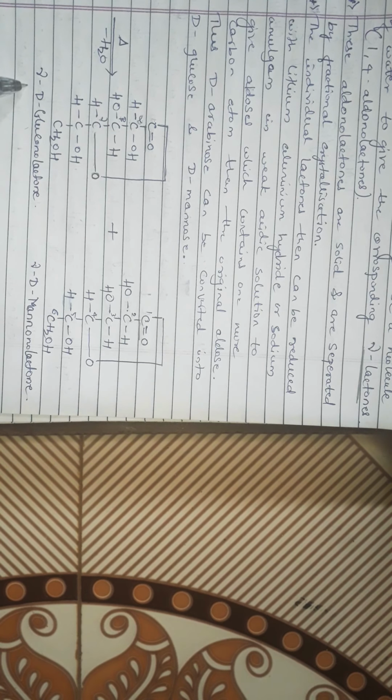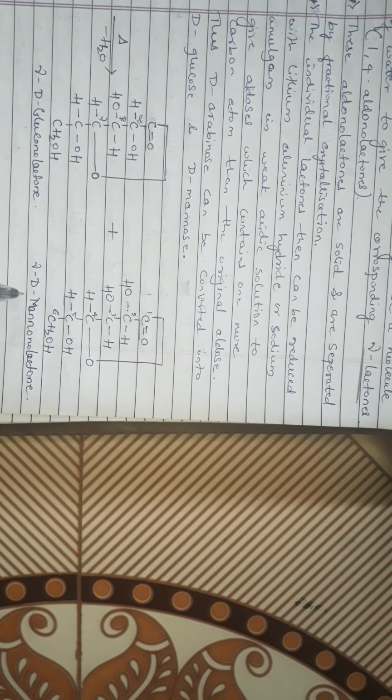Gluconic acid gives D-gluconolactone, and mannonic acid gives D-mannonolactone.